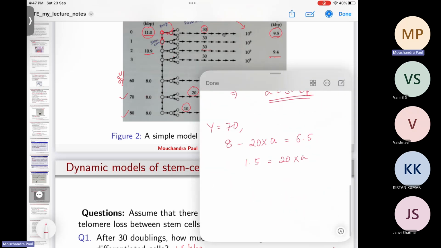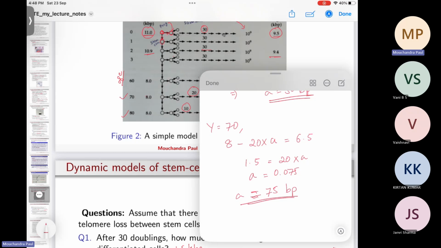So let's check. It is 0.075 something. So you can write it as 75 base pairs, right? When you multiply with 1000, you get 75 base pair.